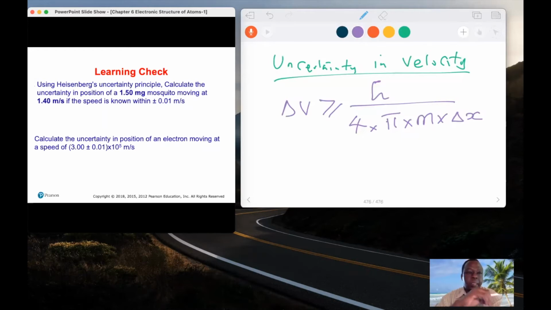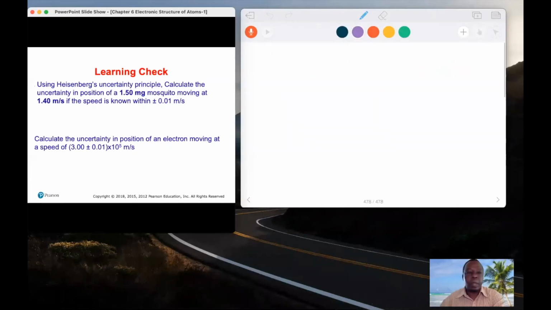You'll see problems on subatomic particles, and you'll be given either the masses, or you'll have to look at the table at the back of the text. We have the mass of an electron, mass of a proton. Before we look at B, let's look at A.